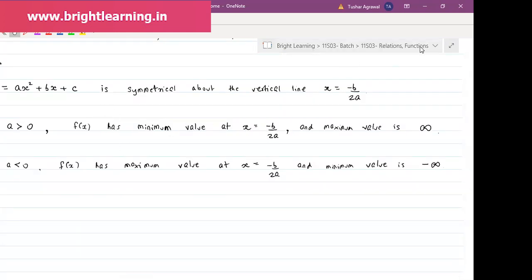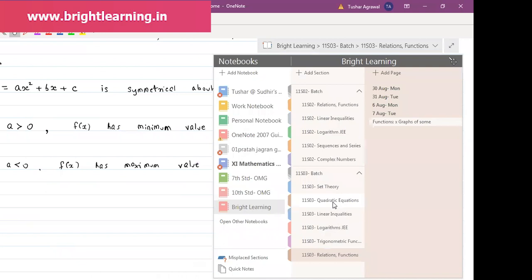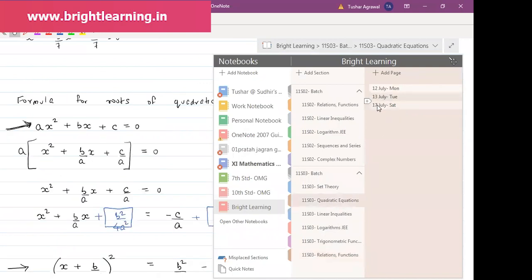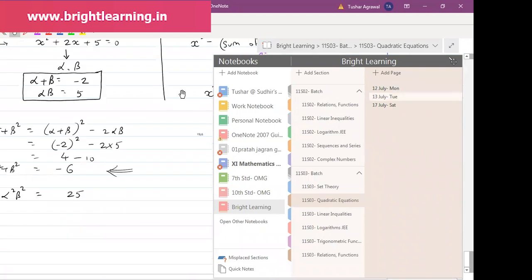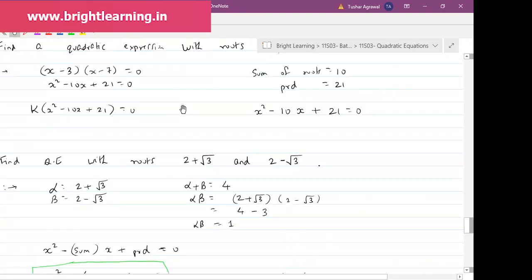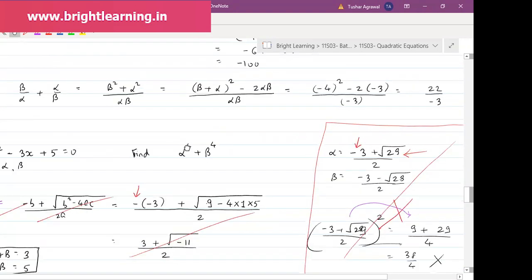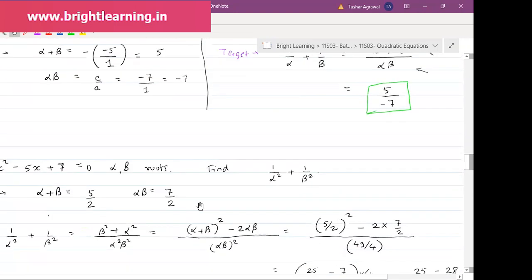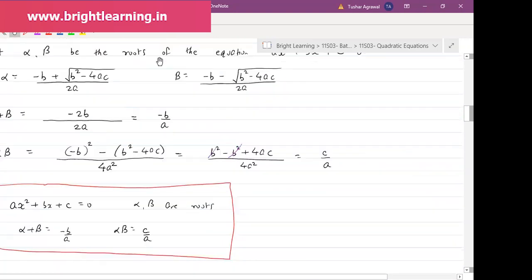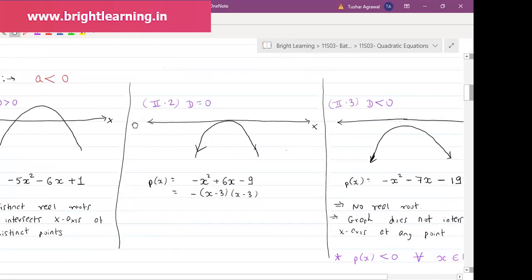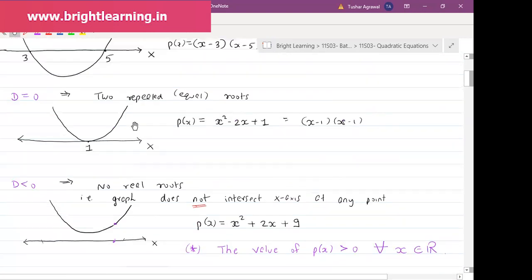So now I hope that while dealing with quadratic equations, I have told you the different cases of the graphs, I suppose. Did we see the different cases of the graphs? A greater than 0, D greater than 0? Yes, these cases we have already seen during quadratics.